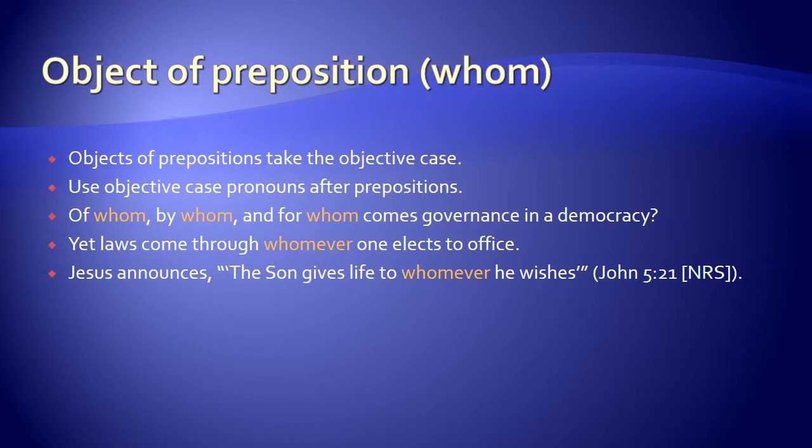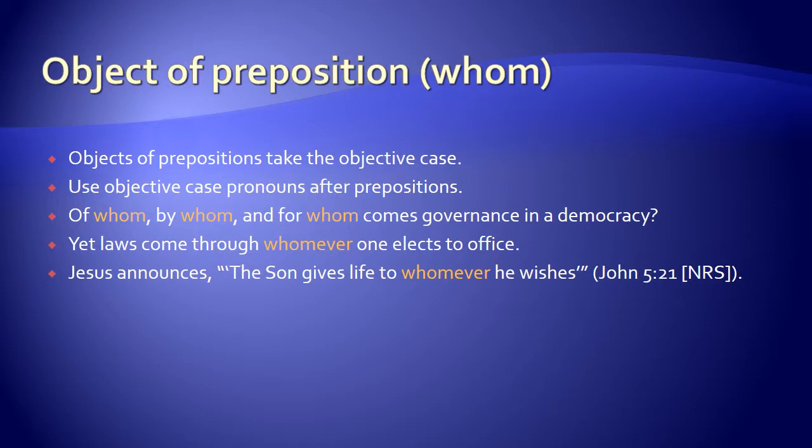Well, the object of the preposition takes the objective case, or whom. Objects of preposition take the objective case, so use the objective case pronouns after prepositions. And here are some examples. Of whom, by whom, and for whom comes governance in a democracy.